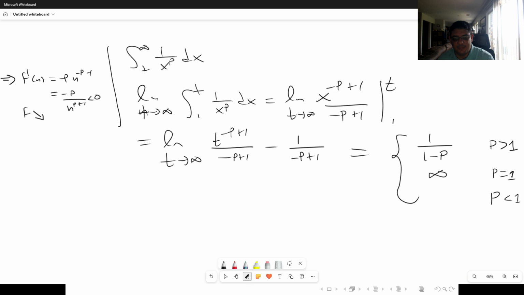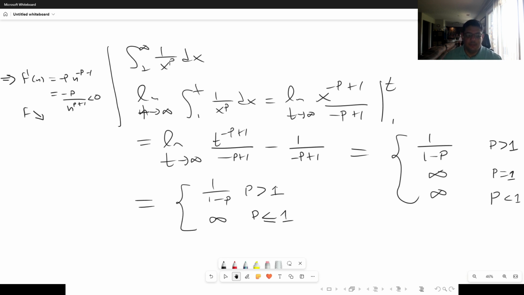And so if this is a positive power, then this is just going to go to infinity. So I could simplify this by saying, well, this is 1 over 1 minus p if p is bigger than 1, and infinity if p is less than or equal to 1.